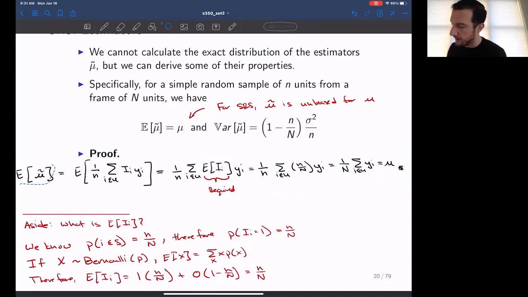So that's the proof for the estimator for the mean.